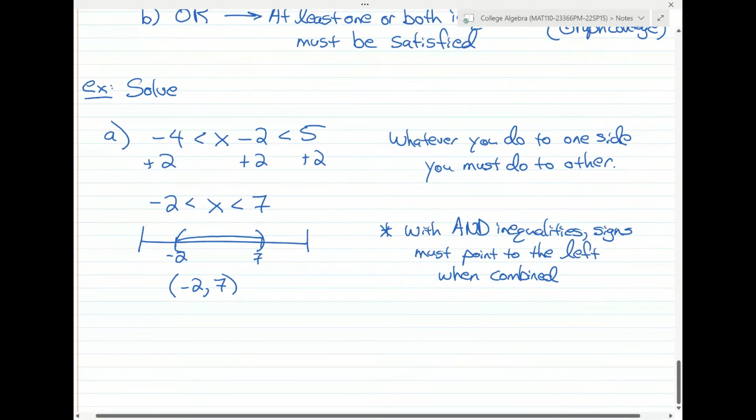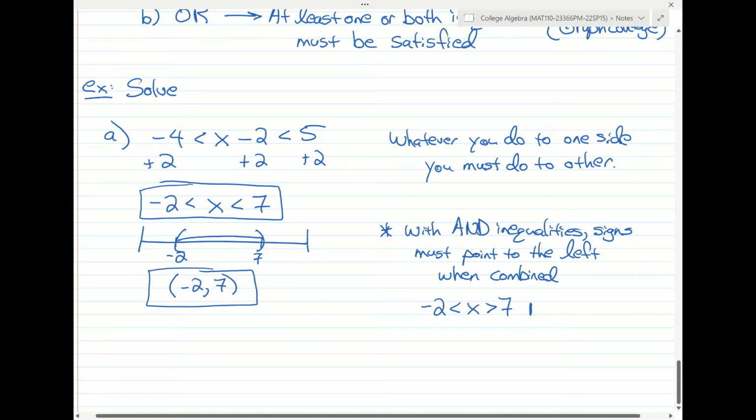What I'm talking about is for this problem, this would be an acceptable answer. This is what you're going to have to do on MyMathLab. But you don't want to say -2 is less than x, which is greater than 7. This is bad.